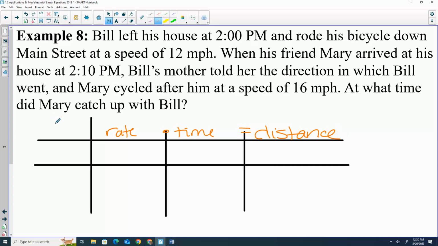Okay, what would my rows be? Yeah, but my columns are... All I have are the two people. It's not like the mixture problems where we were mixing two things and getting a total. Here we just have two people.